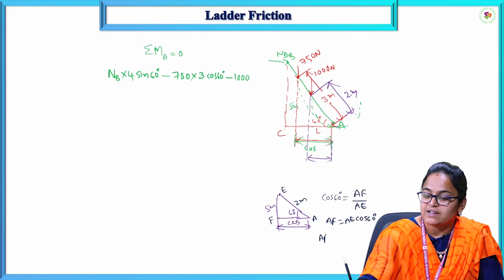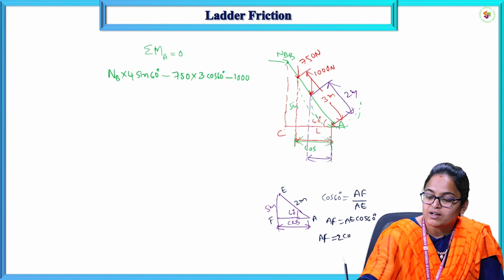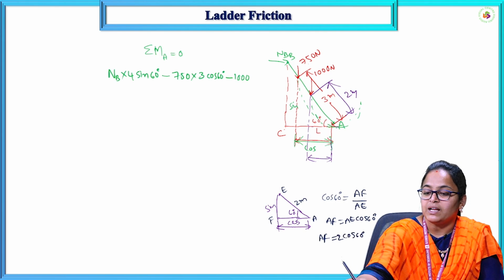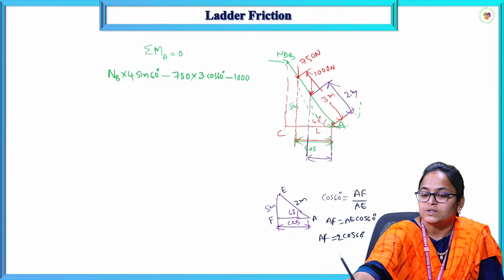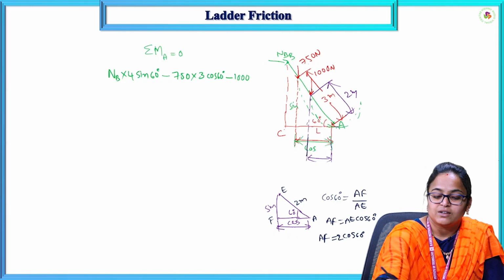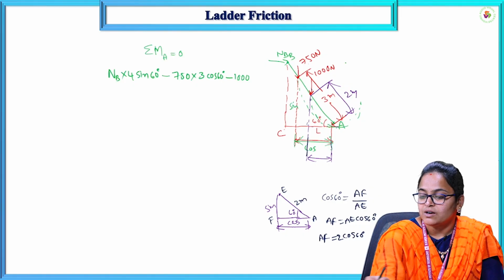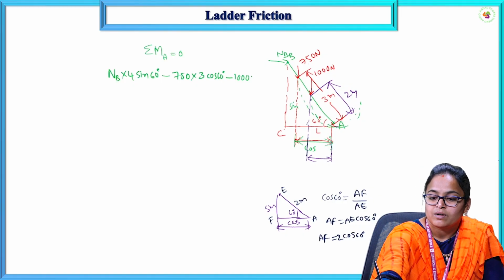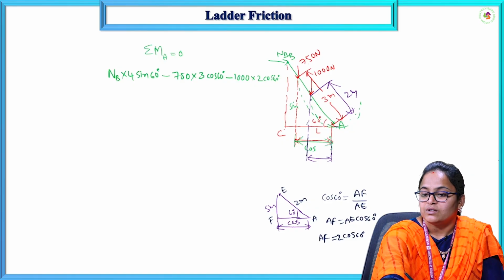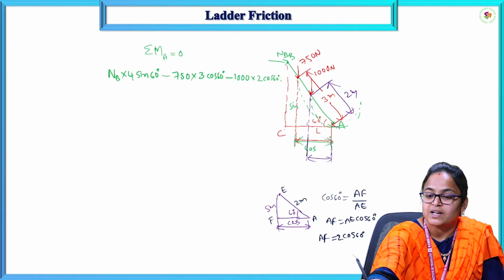AE is nothing but 2 meters, so 2 into cos 60 gives the perpendicular distance between the 1000 newton force and the point A. Now 1000 into the perpendicular distance is 2 into cos 60 degrees.